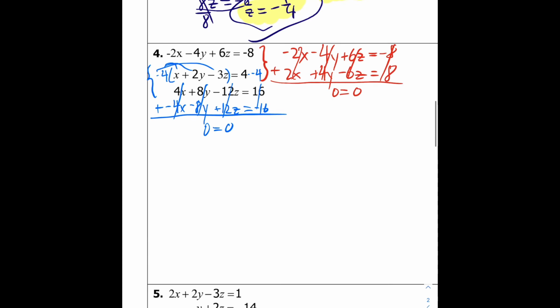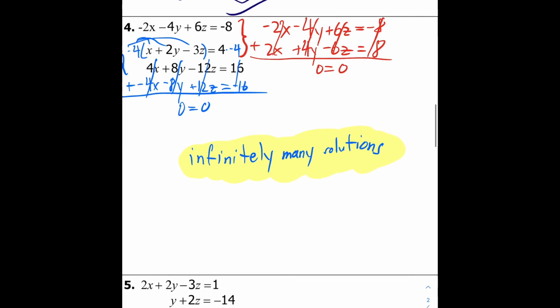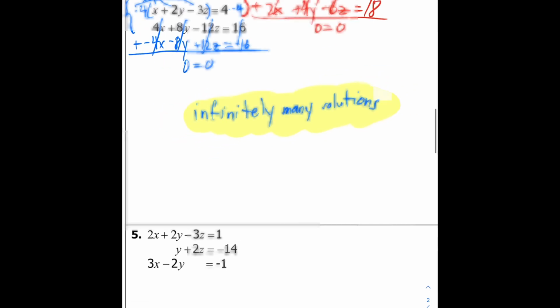Since everything canceled with each other, this means we've got infinitely many solutions. These are all the same equation, just different scalar multiples of each other. Okay, infinitely many solutions. Let's go on to number 5.